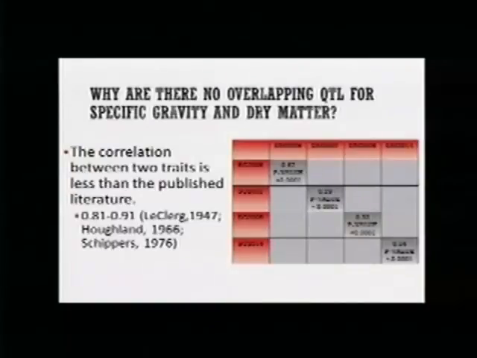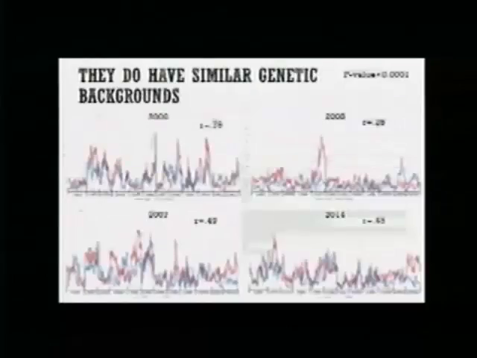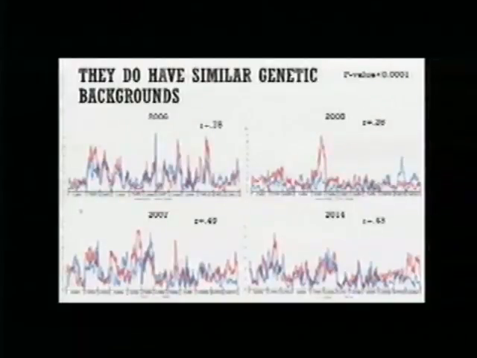So what I did is I went ahead and lined up the log profiles. And you can see here that the lines really do kind of follow each other, and the correlation is very comparable. So we believe there's still, even though, like right here, this peak for specific gravity was significant, but there was a little peak here, but it didn't quite get to a significant level as determined by permutation there on chromosome 8 for dry matter.